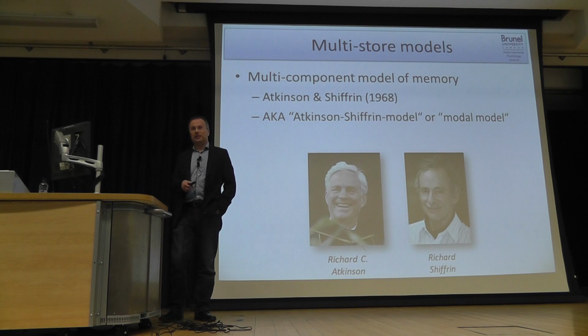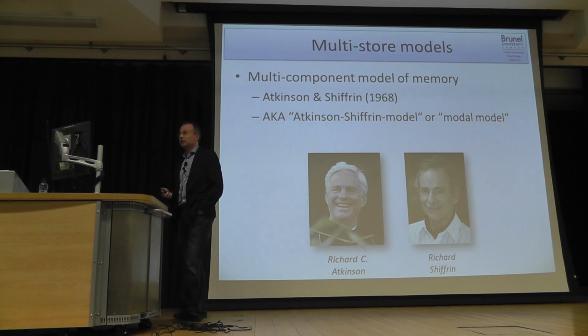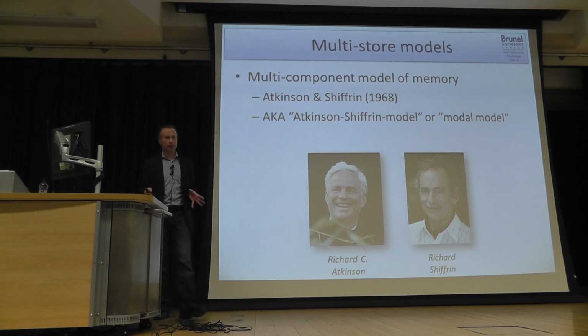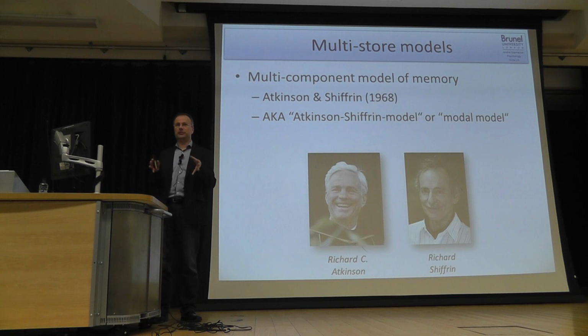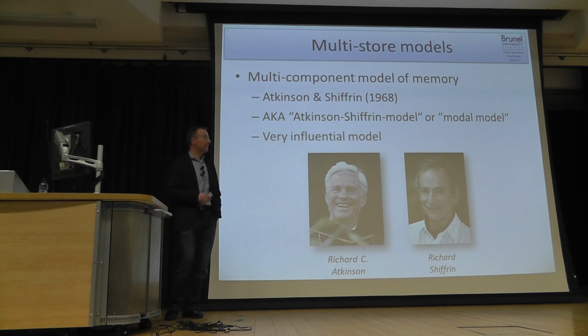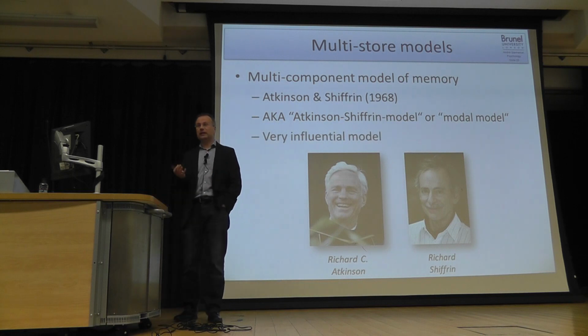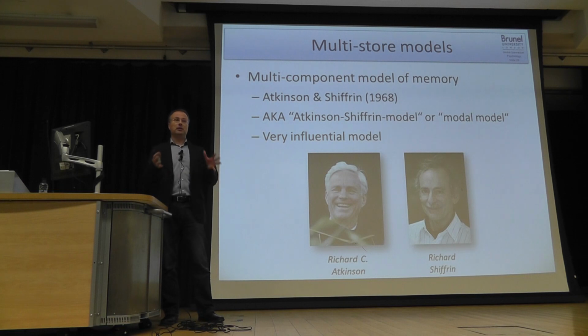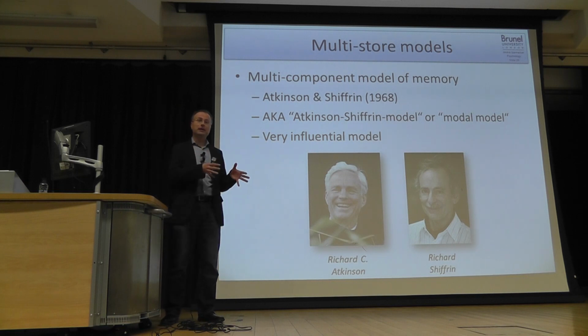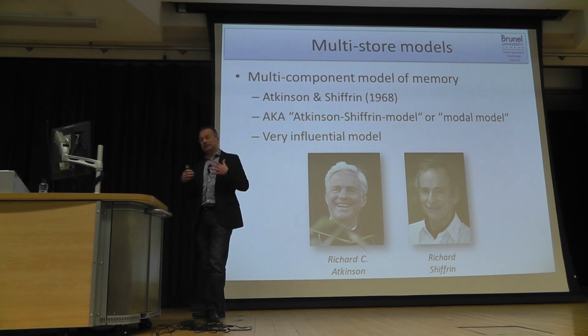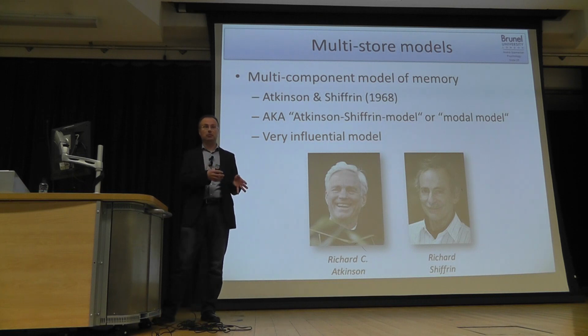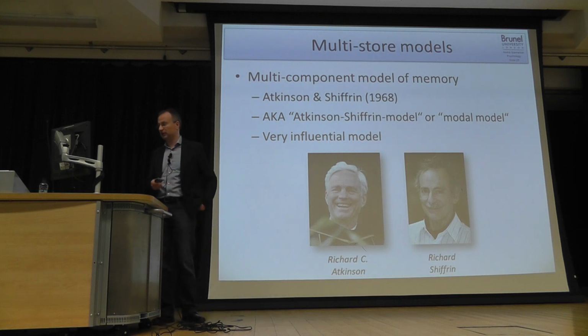And it's the idea that memory consists of multiple components. And what they actually proposed was a whole cognitive architecture where memory was the most central component. So you will see that there are a few more additional things in there. And it has been very influential in the ways people thought and conceived memory, and it initiated a lot of research in testing the model, testing the predictions of the model.